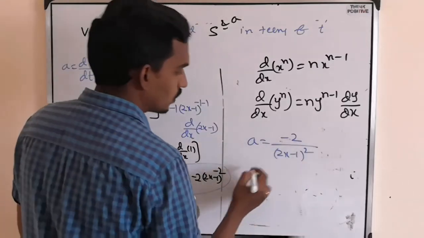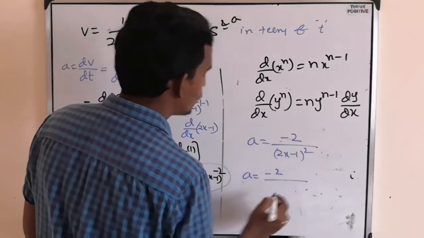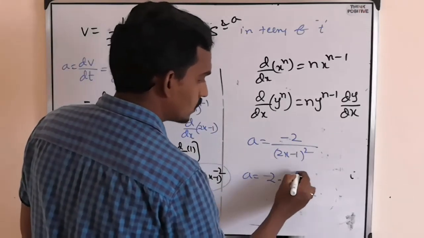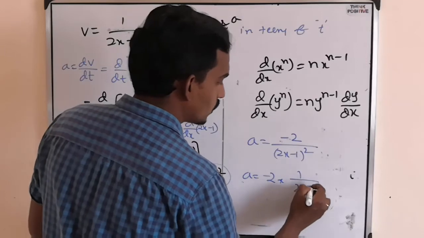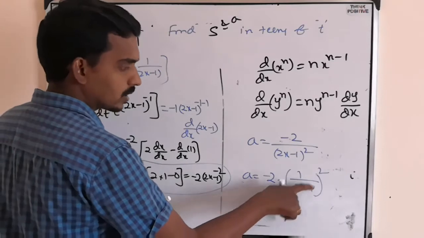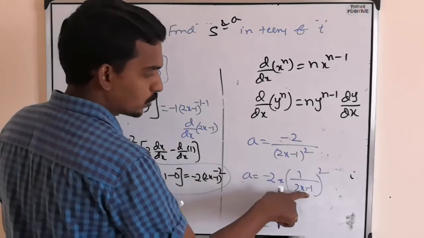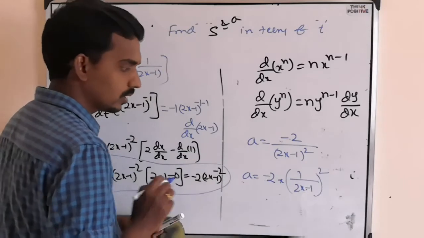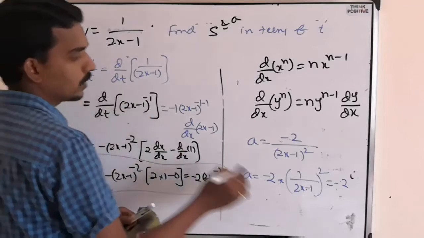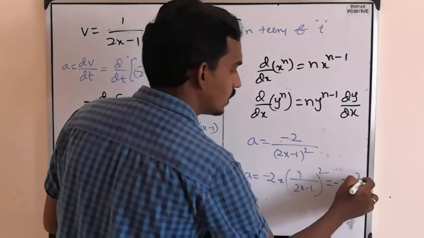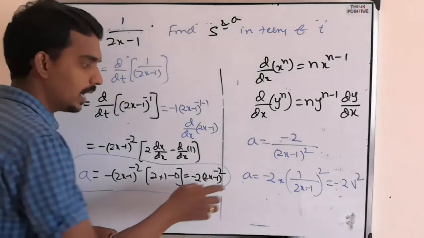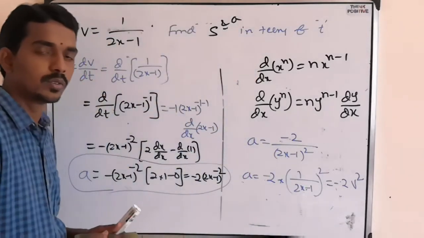Or else you can also write minus 2 into 1 by 2x minus 1 whole square. So that minus 2 into 1 by 2x minus 1 whole square, where 1 by 2x minus 1 is v. So I can write it as v square. So acceleration in terms of x you can find, acceleration in terms of v you can find.